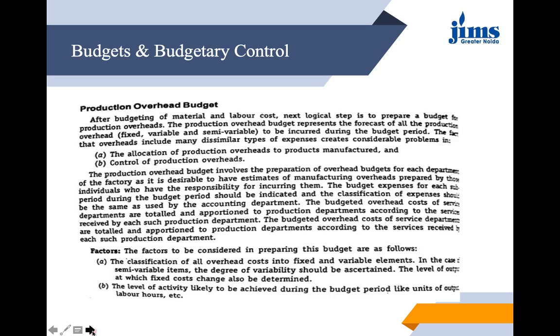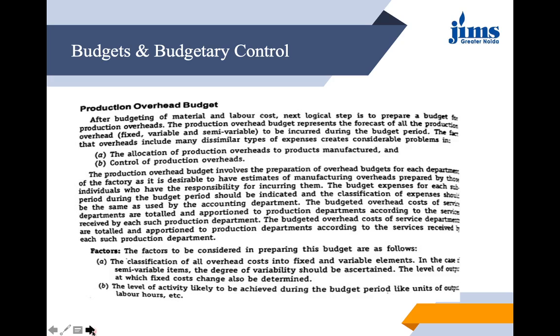So production overhead budget basically involves the preparation of your overhead budgets for each department of the factory, as it is desirable to have estimates of manufacturing overheads which are prepared by those individuals who have the responsibility for incurring them. So the budget expenses for each sub-period during the budget period should be indicated, and the classification of expenses should be the same as used by the accounting department.